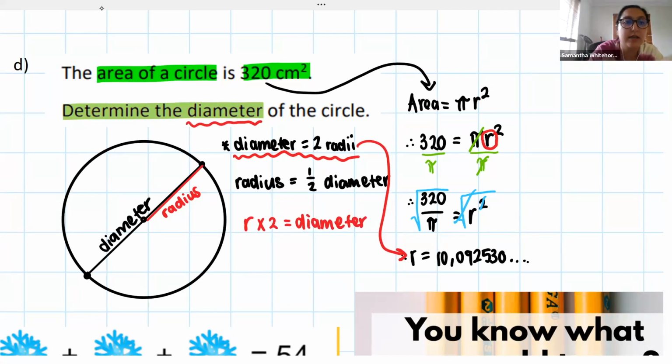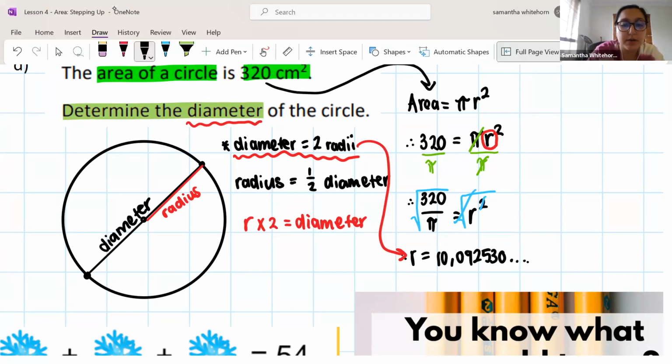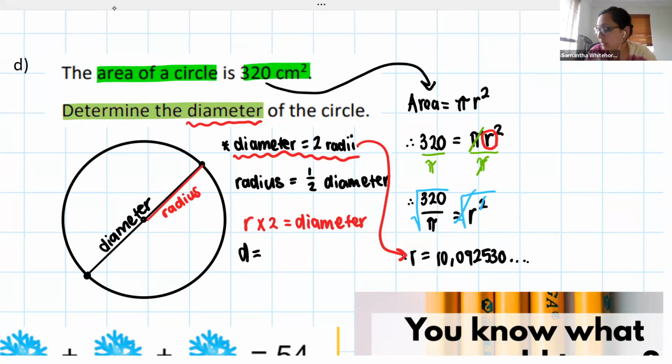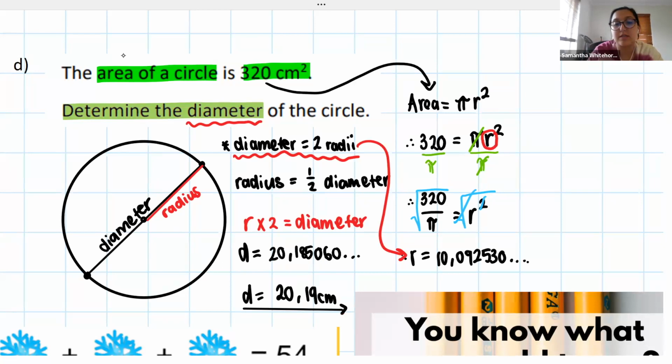So we take this answer that we just got, we multiply it by 2, and we get 20,18506 and there's a whole bunch of decimals. Again, we would need to round off. Generally, it's always to 2 decimal places, so the diameter is 20,19 centimeters in length.